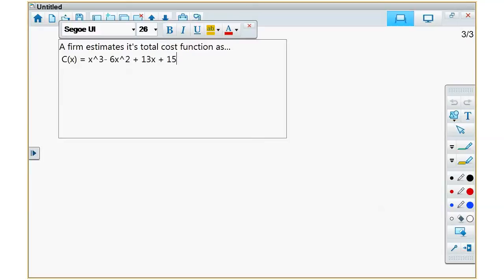And revenue as R of X is equal to 28X. Find the value of X that maximizes daily profit.